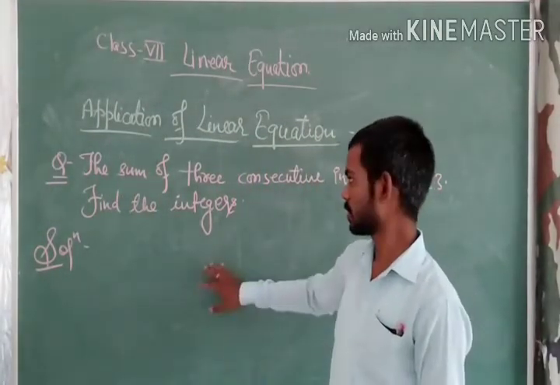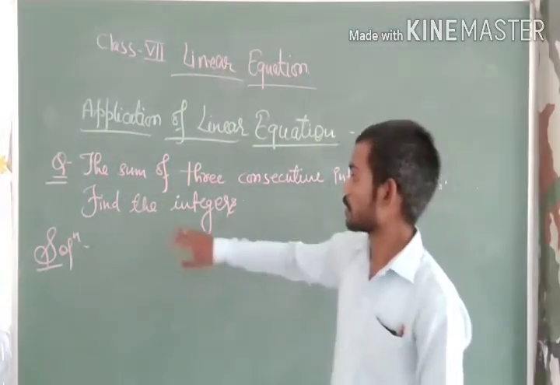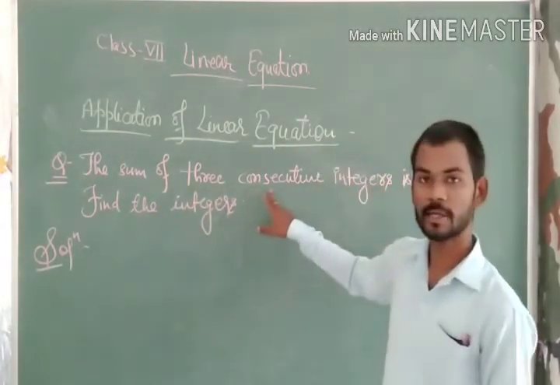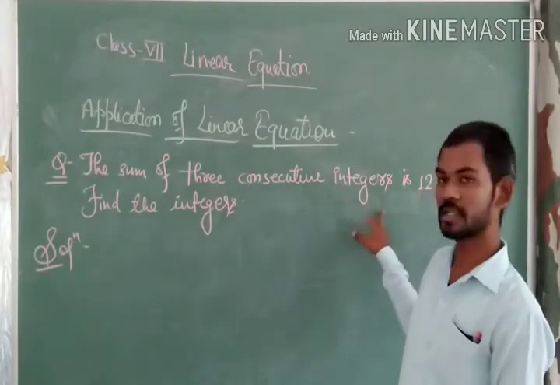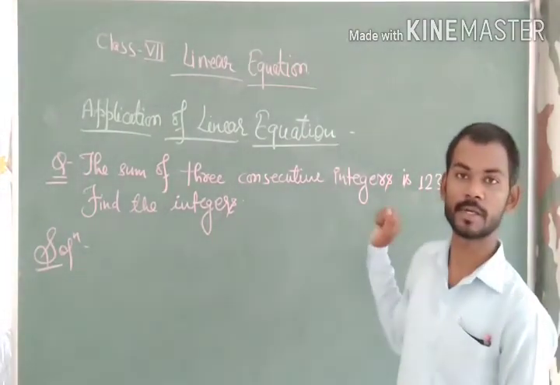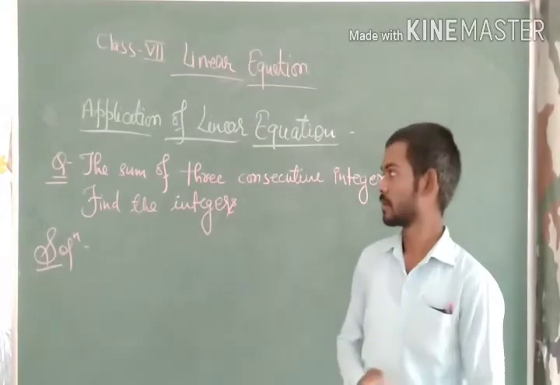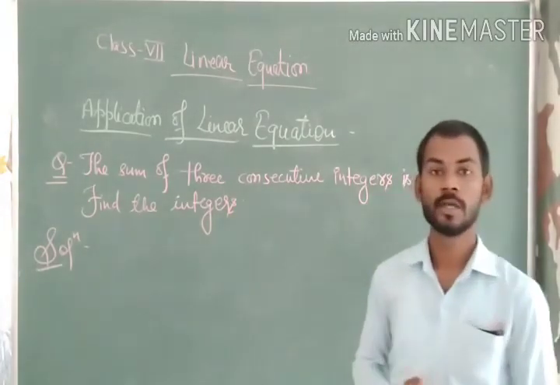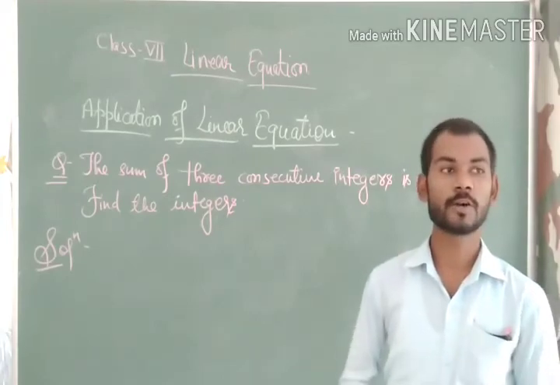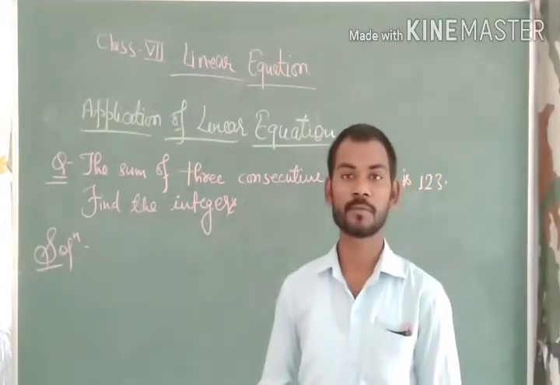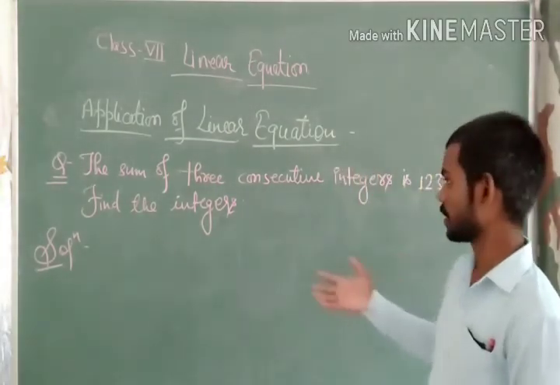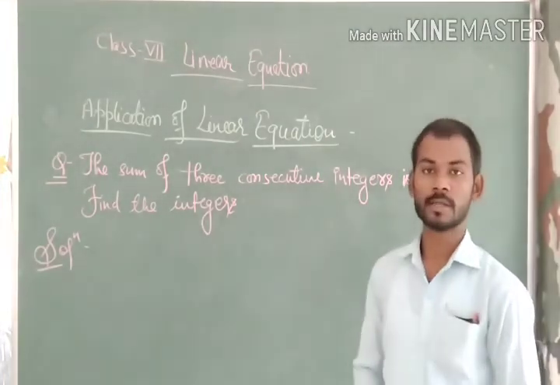Okay, the question is given here. The sum of three consecutive integers is 123. Find the integers. The question is very simple. The sum of three consecutive integers is 123, then find the integers.